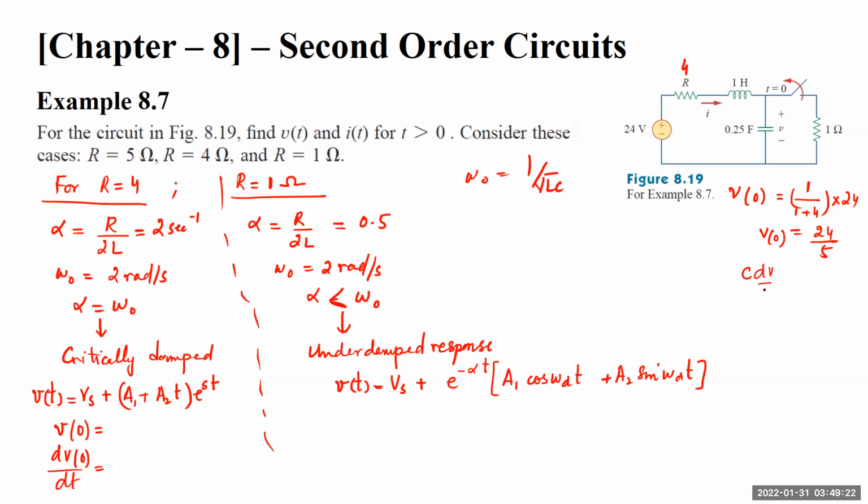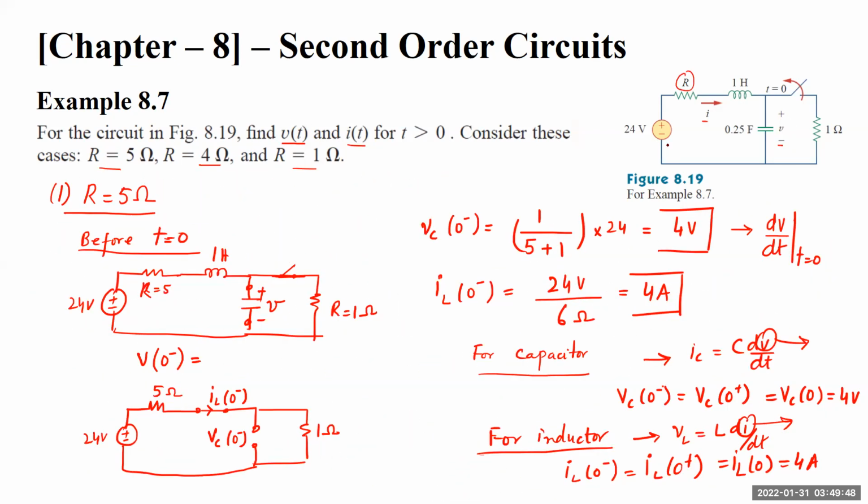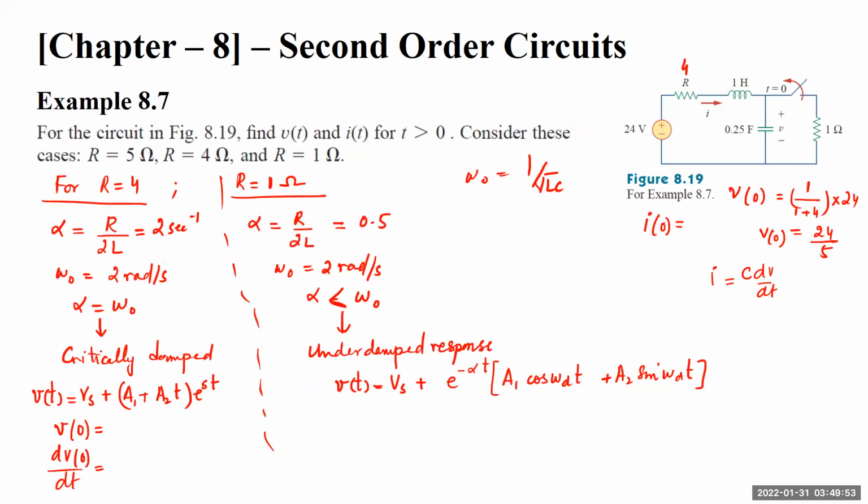Similarly, C times dv/dt equals i, and just after switching, i of 0 is what we found previously. In this case, i of 0 is 24 by (4 plus 1), which is 24 by 5.